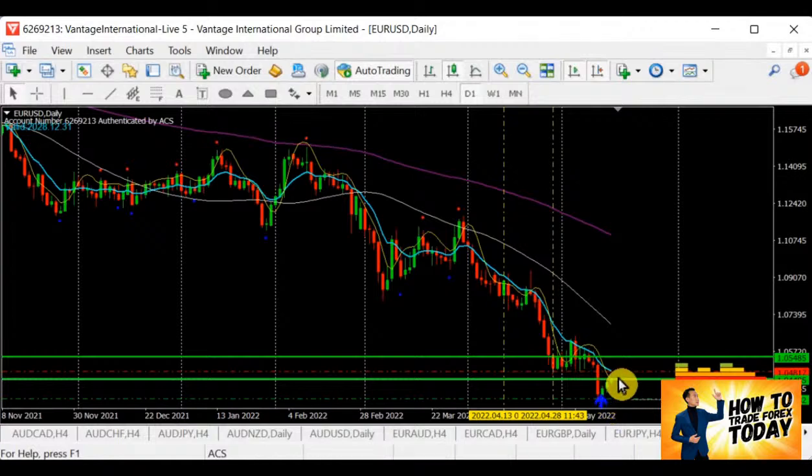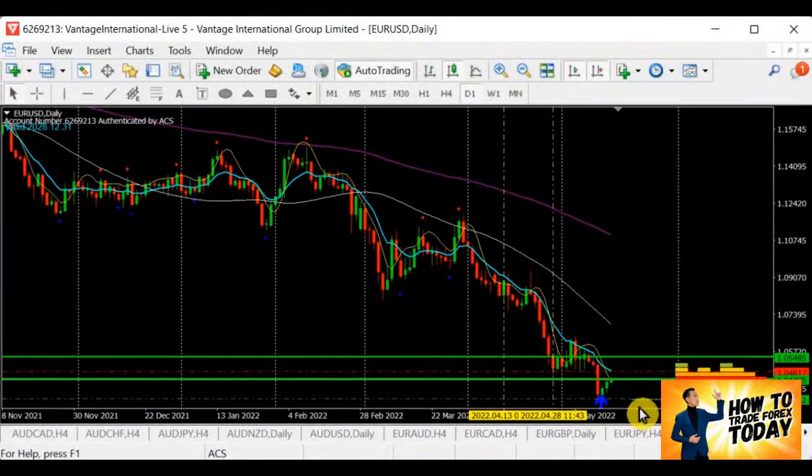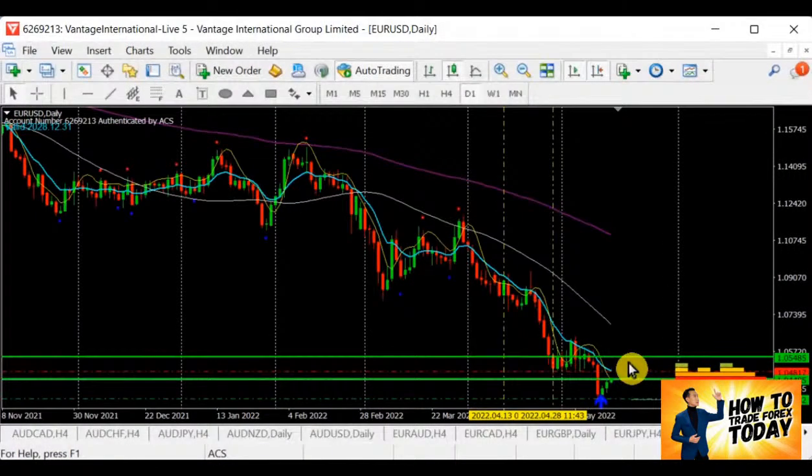It's trying to form up a lower high. If it's not breaking the resistance, then it will continue the selling, correct? So as it is building the lower high, can seller sell? No, seller don't sell. Can the buyer buy? The buyer can buy, but pay attention to where is the resistance before you hit on the resistance and you got caught there. So Euro Dollar, I'm not going to touch it as well. This is going to be a retracement.